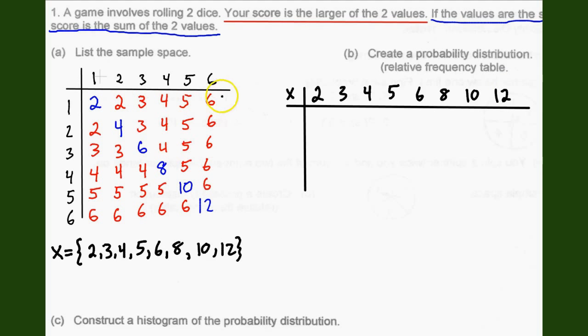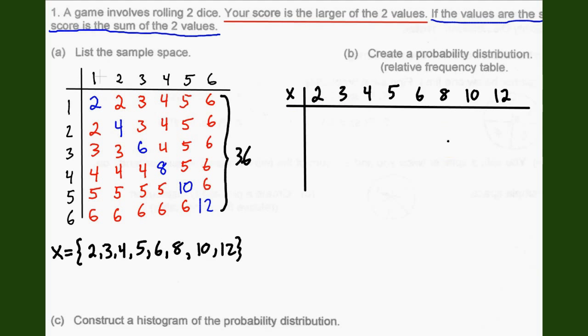And then our sample size here we already said was 36, right? So we know each of these is out of 36. We just have to be careful as we're counting right now to make sure we get the right amount. And when we're finished, all the numbers should add up to 36.